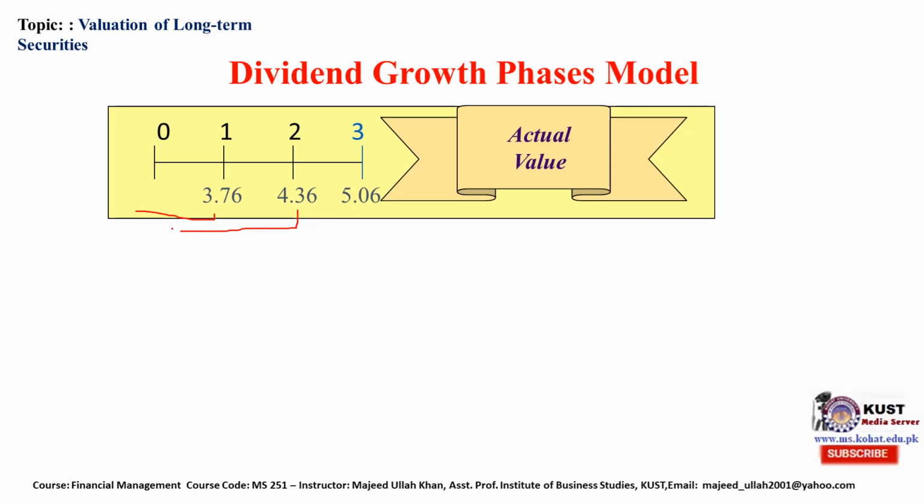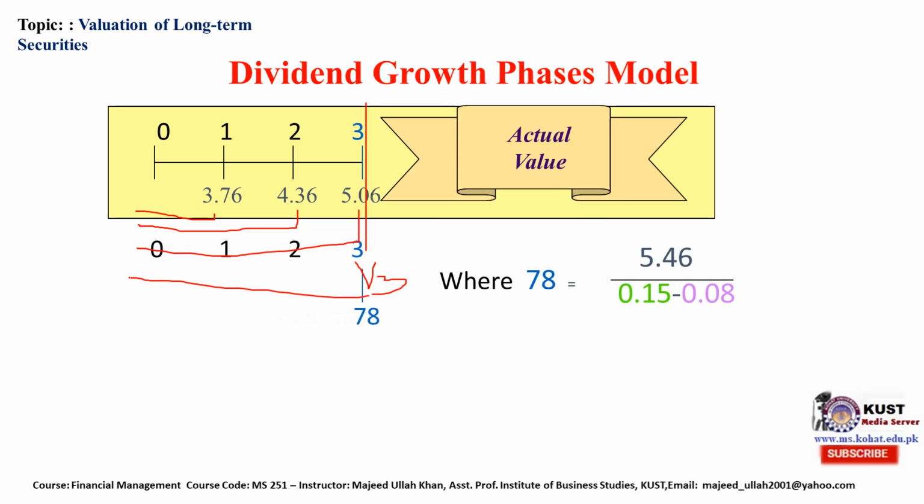On this timeline we will get V3 of the second phase as well, which will also be discounted to 0. The dividend discount model gave us this $78 value of the second phase, using the constant growth model: 5.46, that is D4, and this is the 15% required rate of return, and this is the growth rate G2.